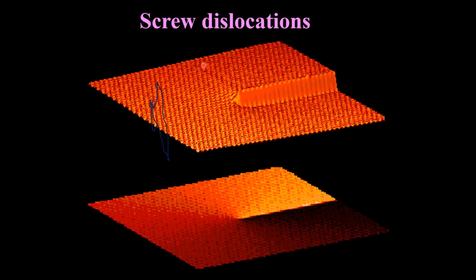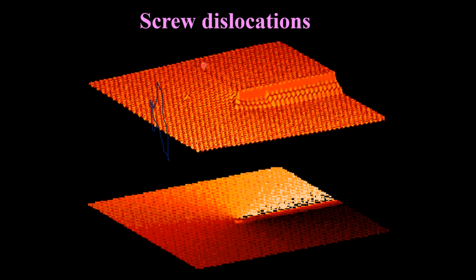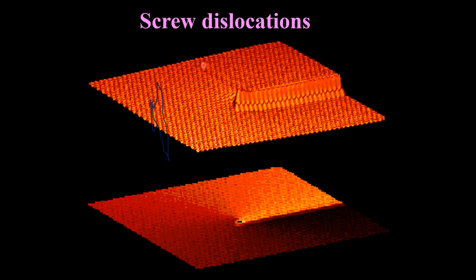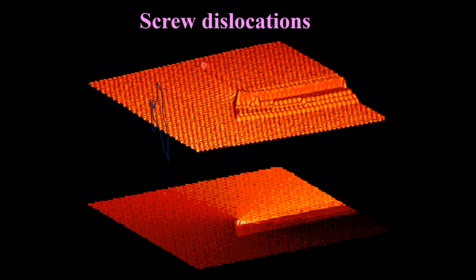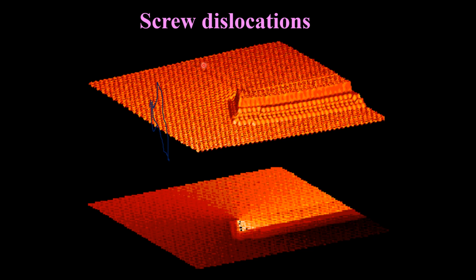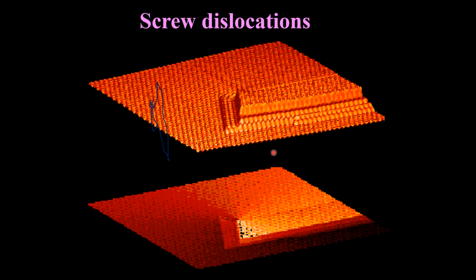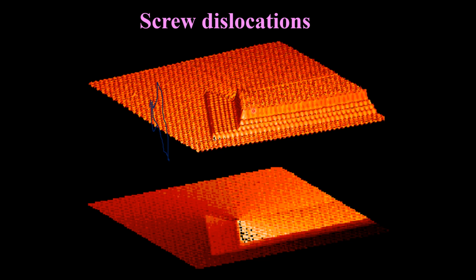So some atomic planes are in the process of moving. It can be seen that only a portion of the bonds are broken at any given time. That is, not all the bonds are going to break at the same time.